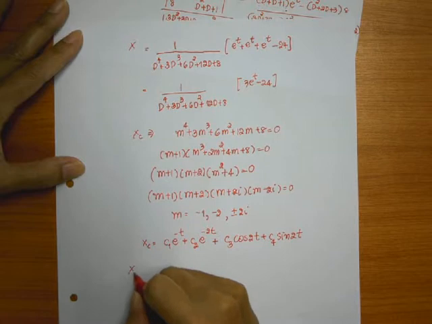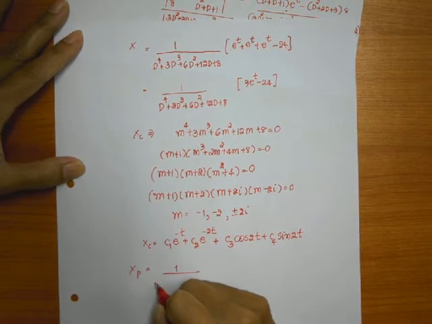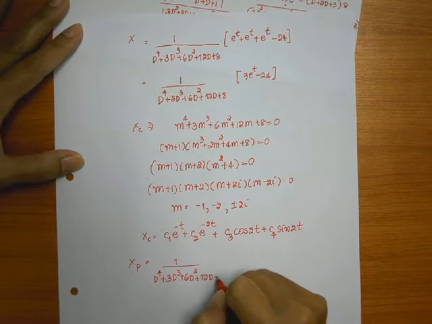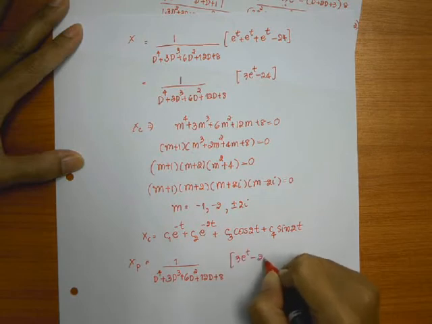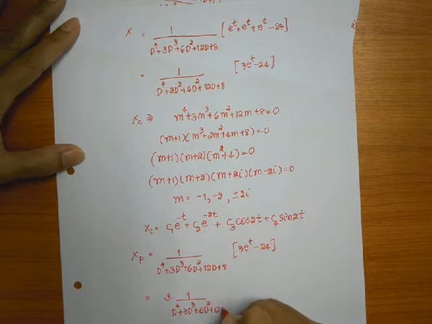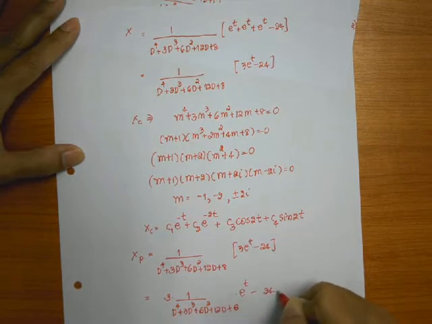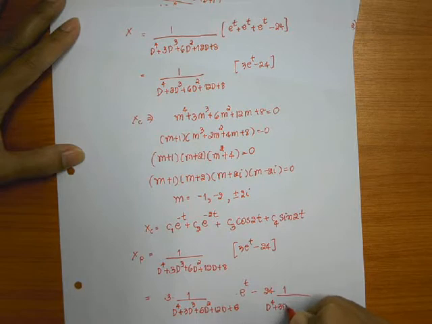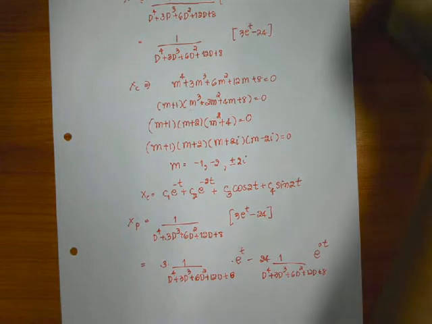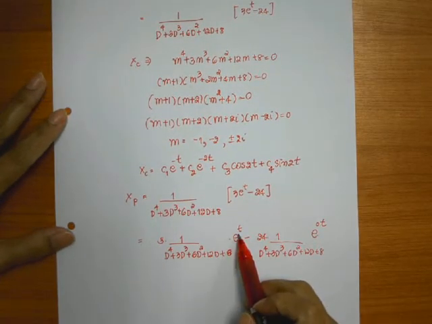now find xp. For xp I'm going to use the shortcut method. A is equal to 1.